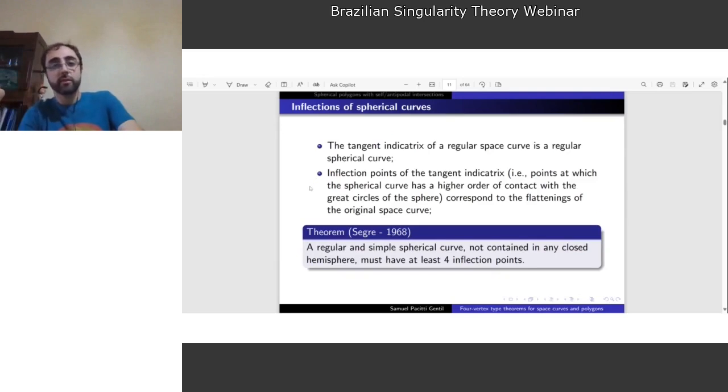And inflection points of the tangent indicatrix, i.e. points at which the spherical curve has a higher order of contact with the great circles of the sphere, will correspond to the flattenings of the original space curve. Therefore, the previous theorem follows from this one here. Regular and simple means without self-intersections. A spherical curve which is not contained in any closed hemisphere must have at least four inflection points.